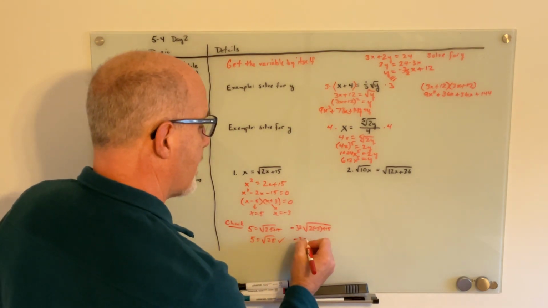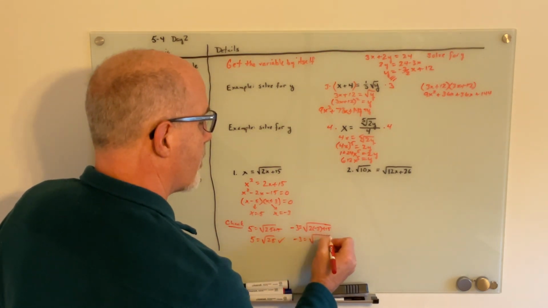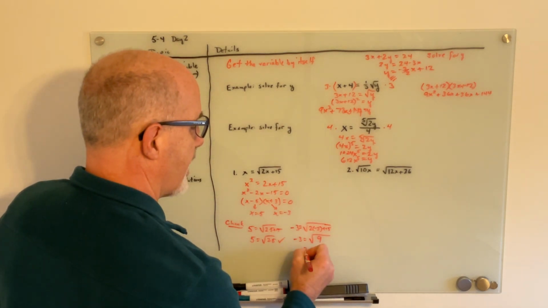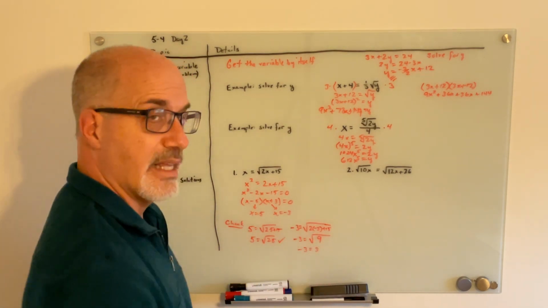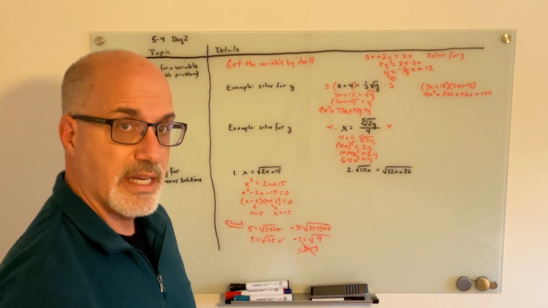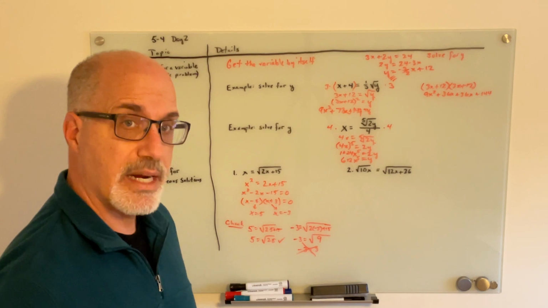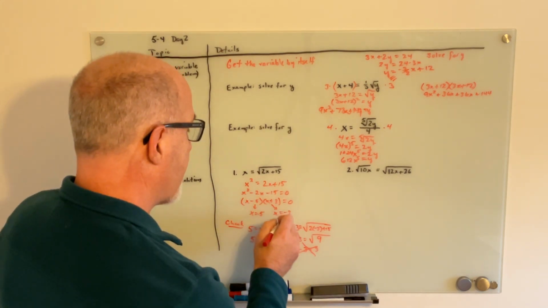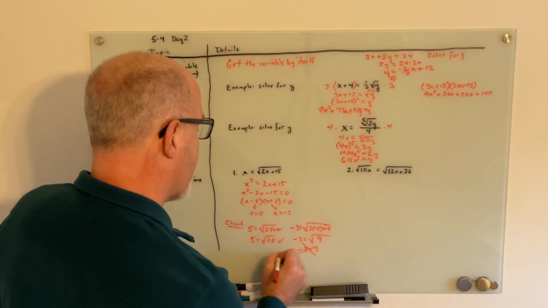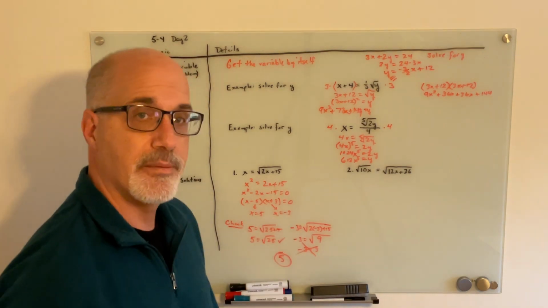Does negative 3 equal the square root of negative 6 plus 15 is 9? Does negative 3 equal 3? And the answer is no, it does not. So because you get an incorrect statement, then negative 3 is not an answer. So my only answer is 5 to this one, not the negative 3.